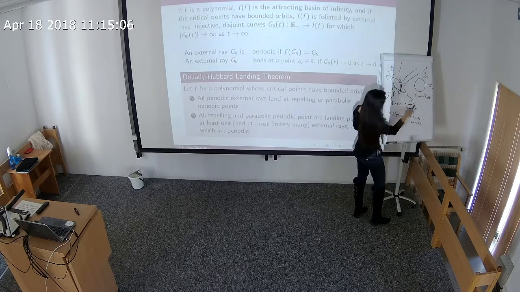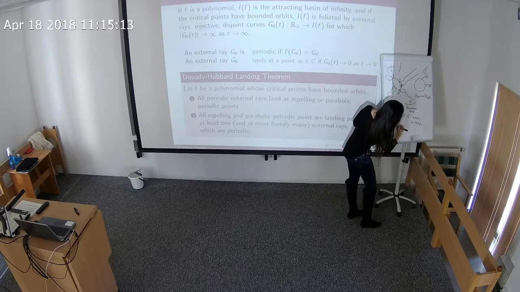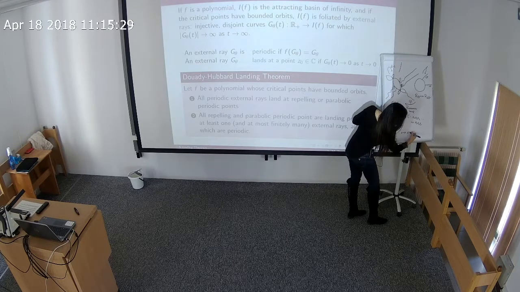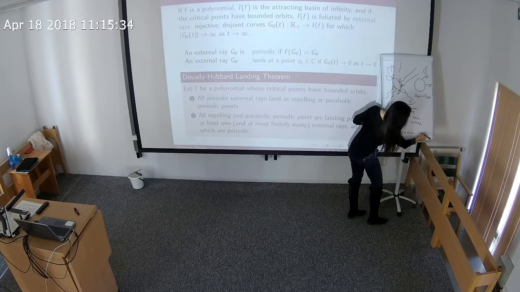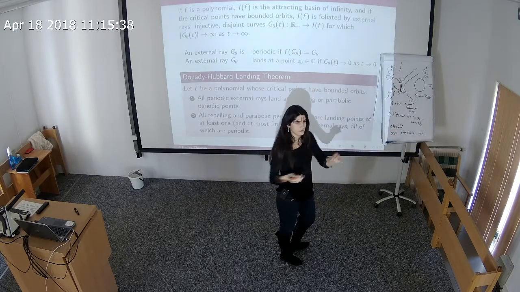And if you write this angle in binary expansion, then your map theta goes to 2 theta. It's exactly like saying that your angle, written in whatever binary expansion it has, goes to the sequence which is the image under the shift map. So you have introduced a symbolic dynamics on the set of escaping points.